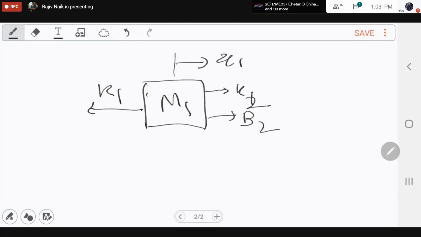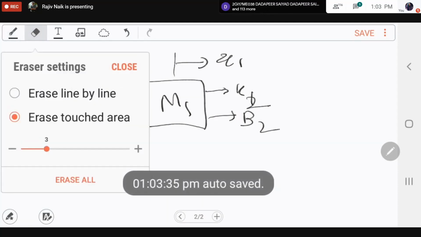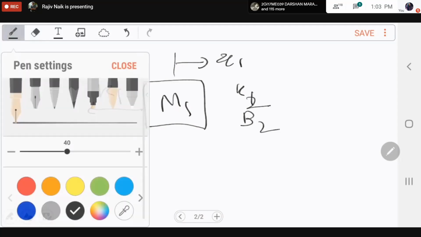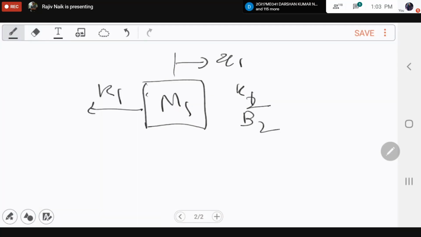Now see the directions of the arrows. I have to mention the directions of the arrows first. See here, if I find the directions of the arrows, the force F is towards right.